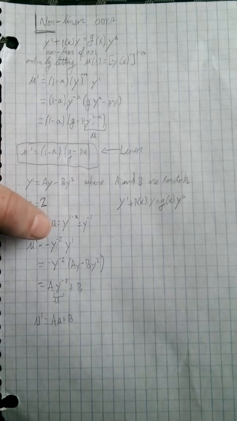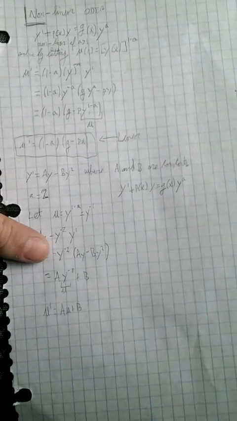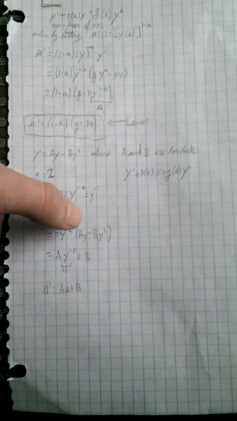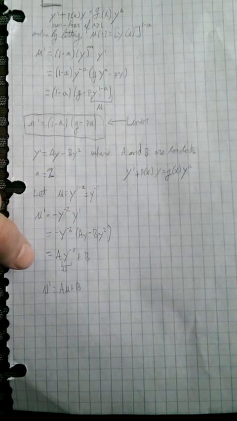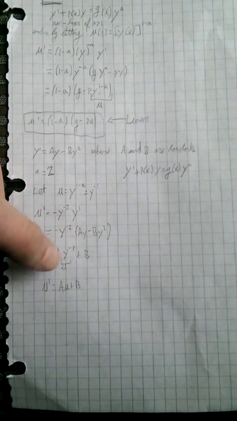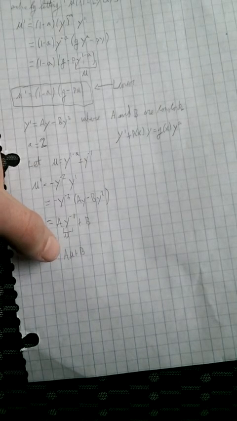U prime equals negative y to the negative 2 times y prime. And then you get negative y to the negative 2 times (a y minus b y squared), which equals a y to the negative 1, which is just our u, plus b. So then we just do u prime equals a times u plus b.